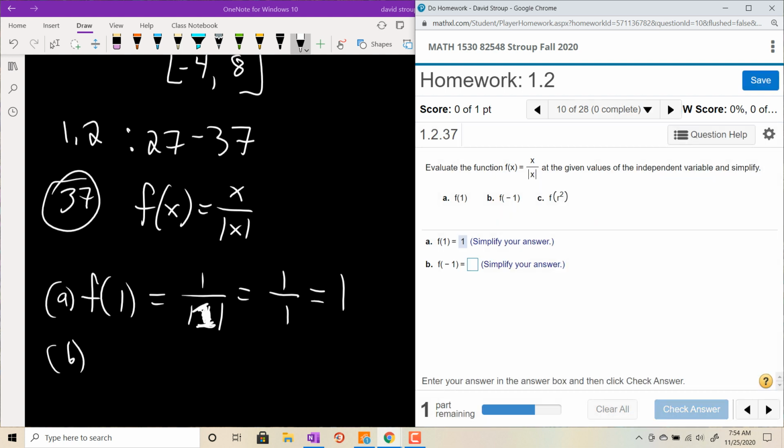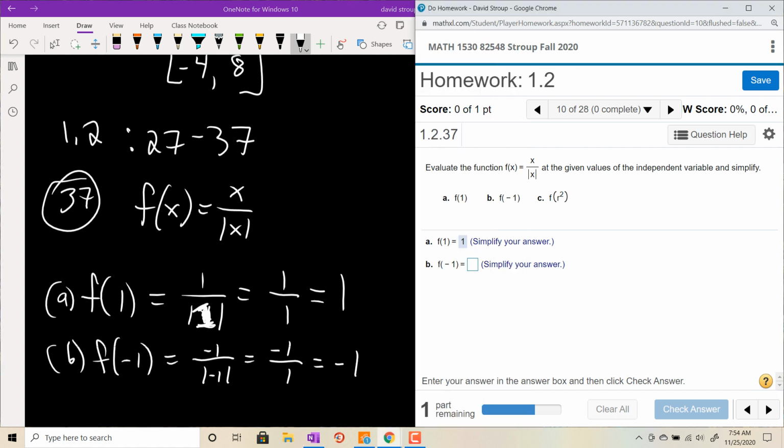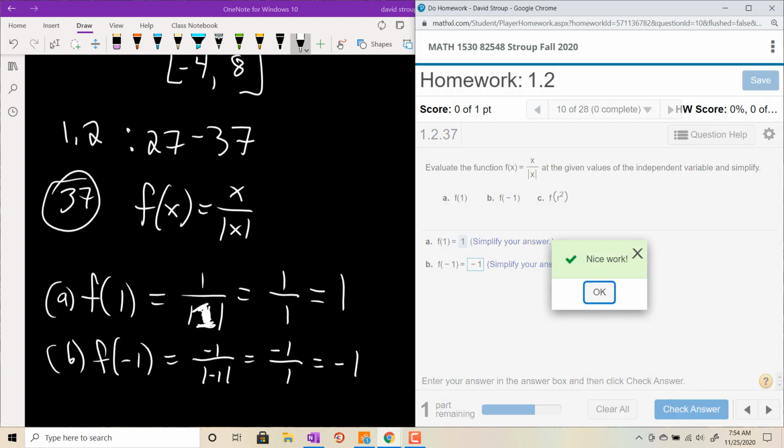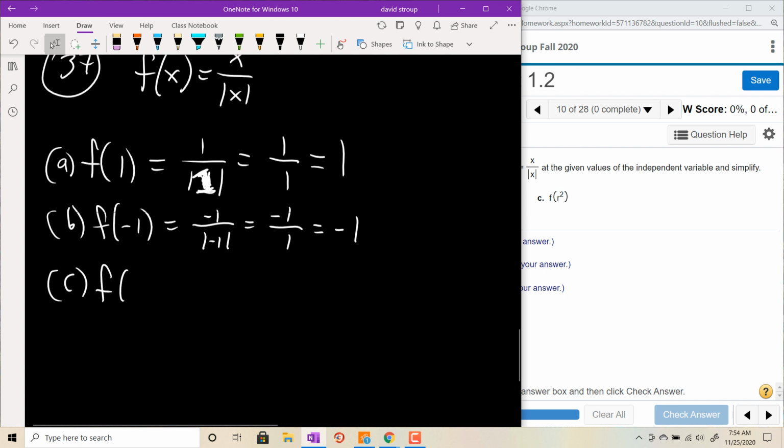Yay. Let's try negative 1. So f of negative 1 is negative 1 all over the absolute value of negative 1. That will be negative 1 over now positive 1. And of course, a negative divided by a positive is negative. So that would just be negative 1. Yay.